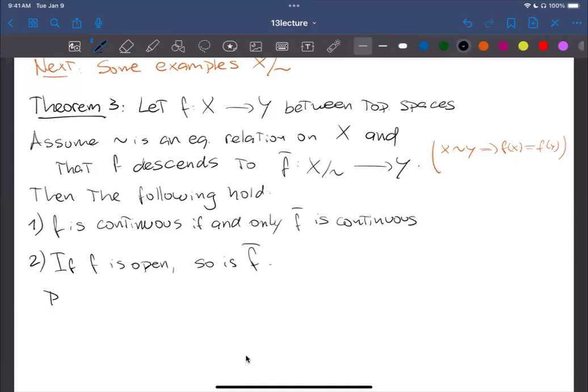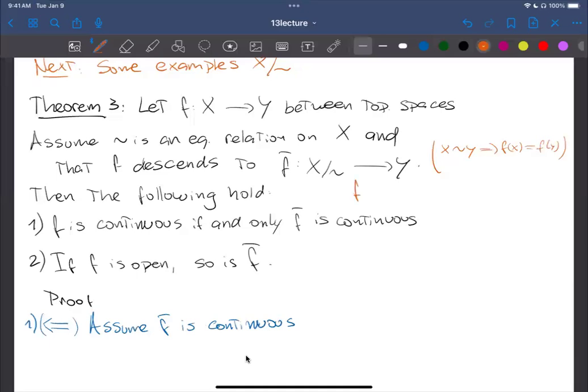Let's prove this theorem. Let's go with one. So one, we have two directions. Usually we'll go with the forward one first, but in this case, the backwards implication is going to be easier. So let's assume first f bar is continuous. And here we like to prove that f is continuous. But the important thing about f bar, remember this is sometimes read as f factors through the quotient.